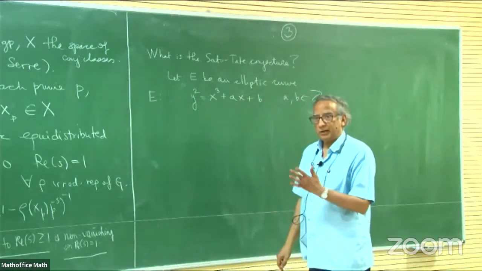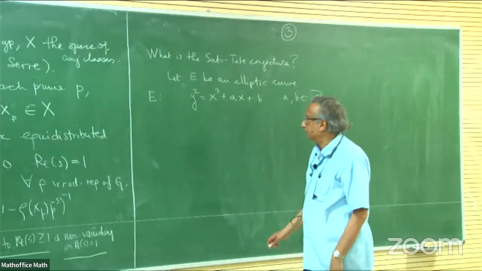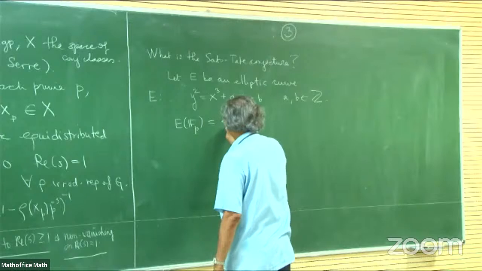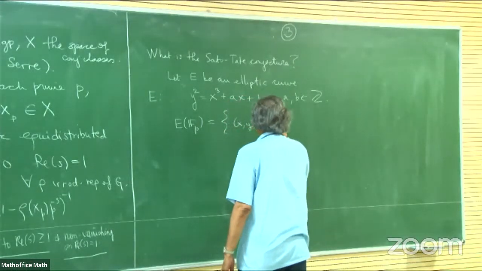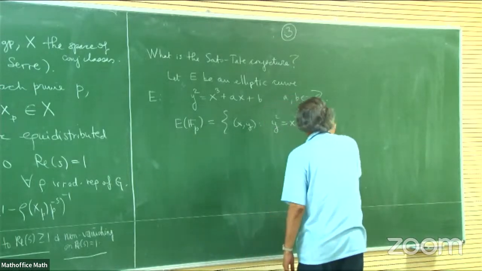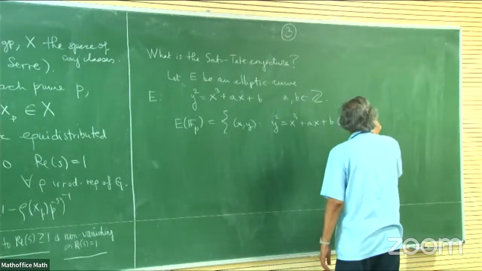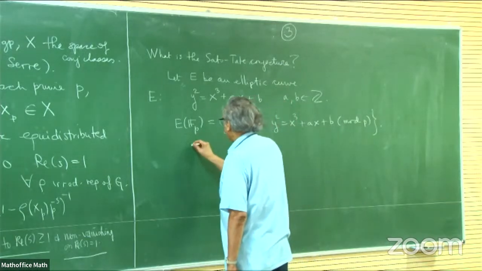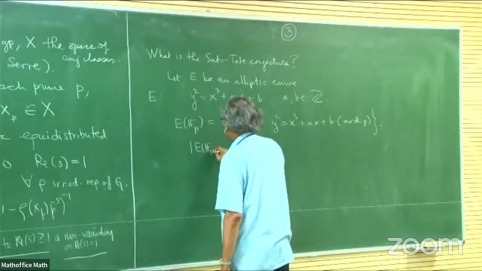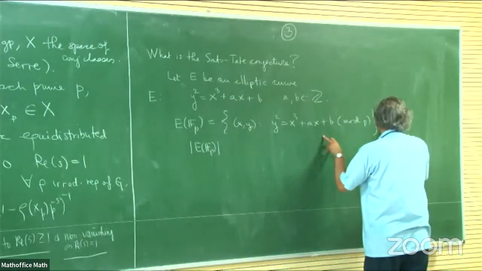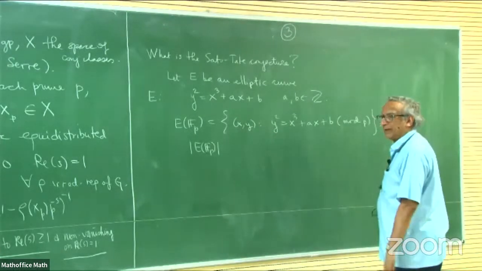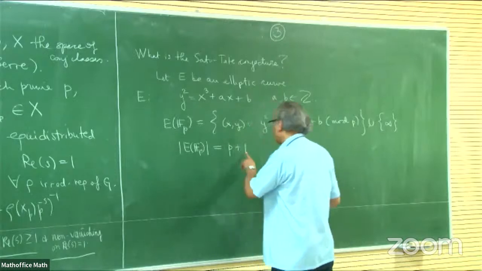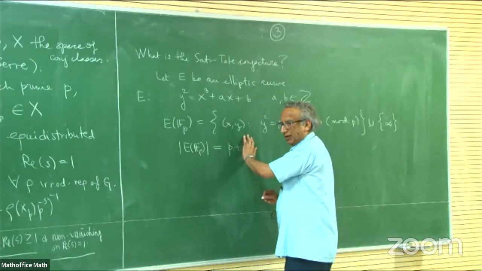And you can reduce the elliptic curve modulo p and count the number of solutions. Technically what we really should do is throw in a point at infinity. So don't worry about that. That's just a minor convention. So when I throw that point in, I include this one. That's all. But this is not terribly important.